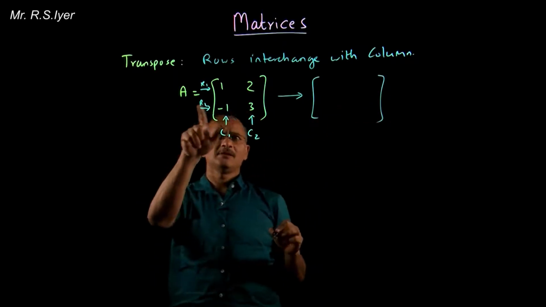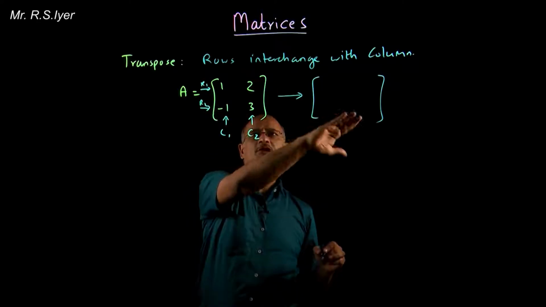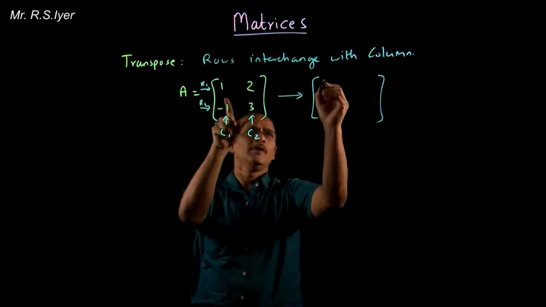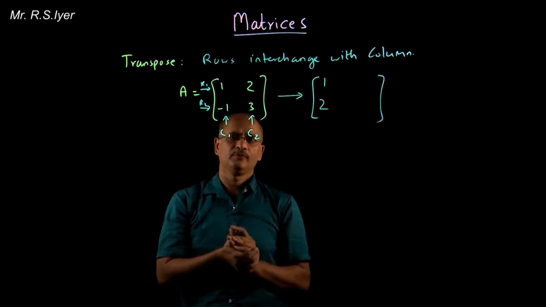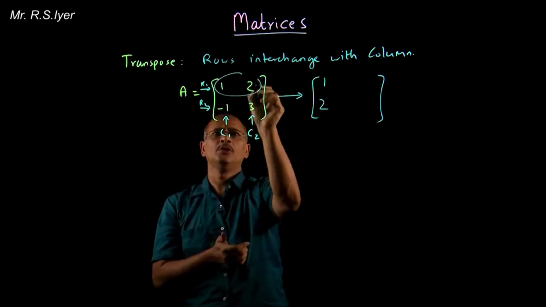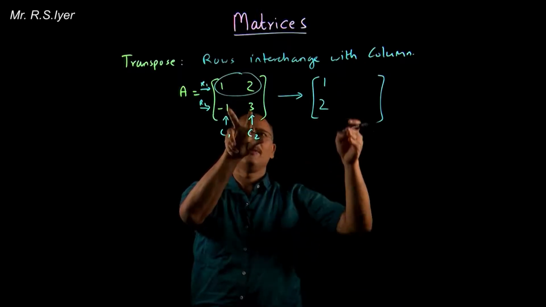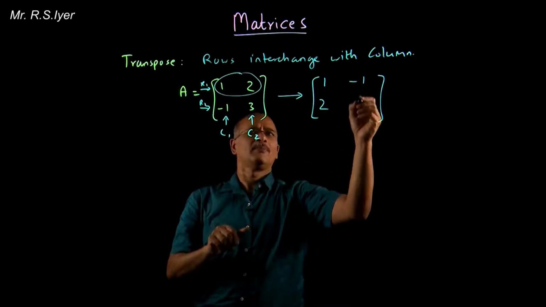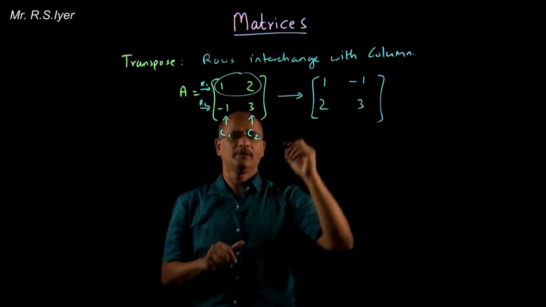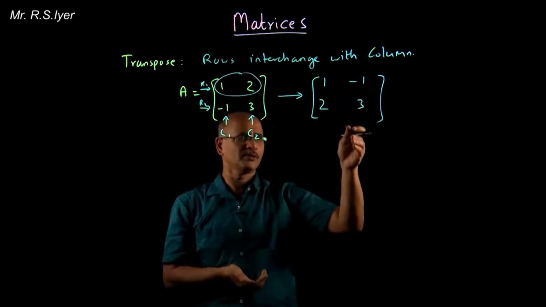Suppose this is the matrix A and I want to find the transpose of it. Row 1, 1, 2, will become column 1, 1, 2. You can see this row 1 became column 1. Similarly, row 2 became column 2, so this will become -1, 3. So row 2 becomes column 2.